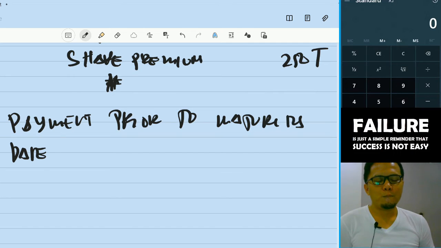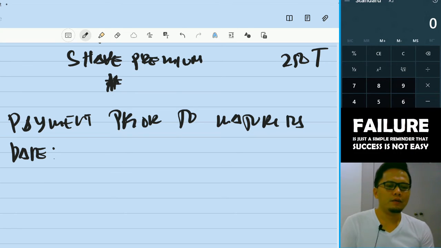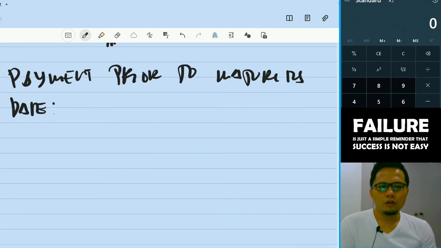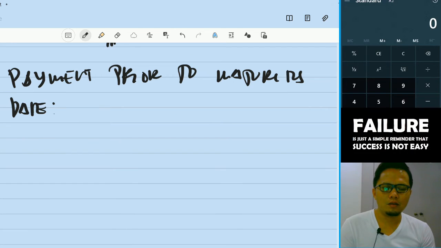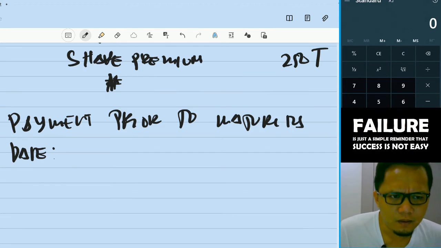Medyo magiging komplikado ito because again, we need to recognize gain or loss on extinguishment of the bond. Basically, the concept of the gain or loss on extinguishment is the same as gain or loss on retirement, di ba, of bonds payable.